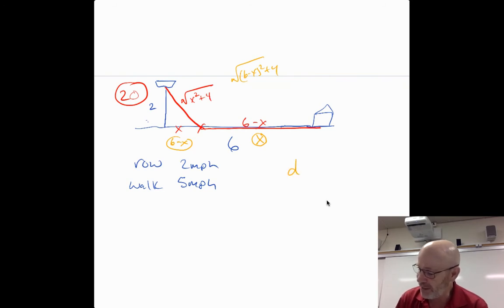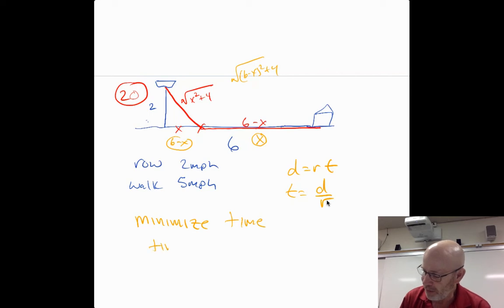Remember, we have a formula that says distance equals rate times time. We're trying to minimize the time here. So time is distance divided by rate. The time is the time rowing plus the time walking.